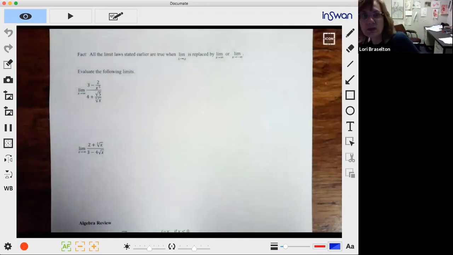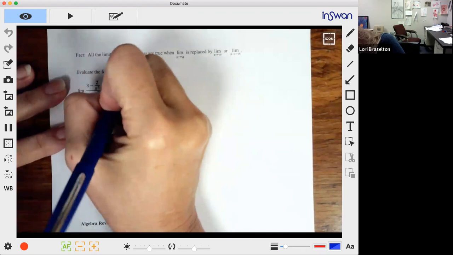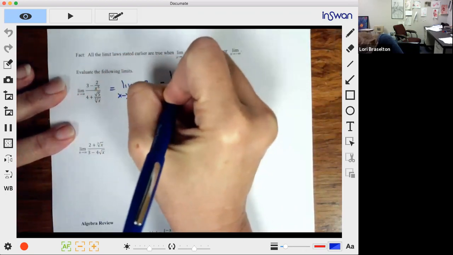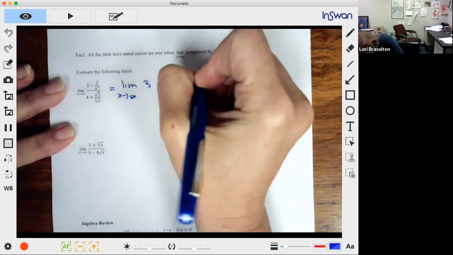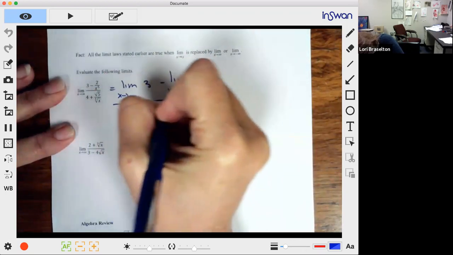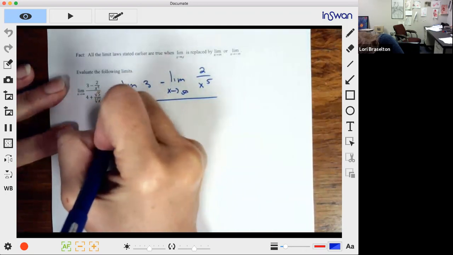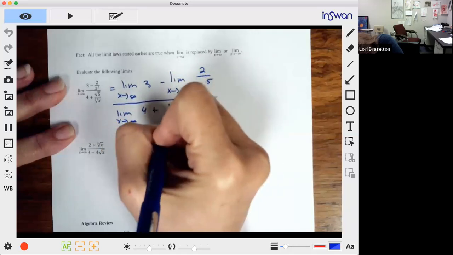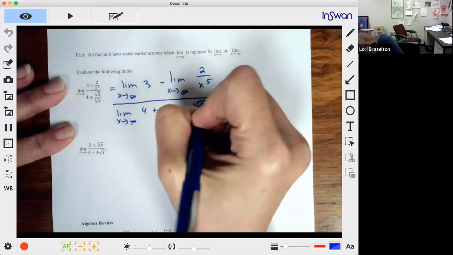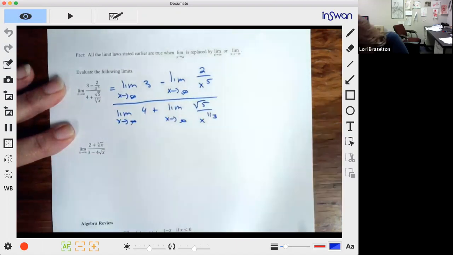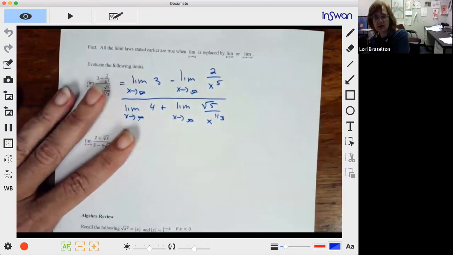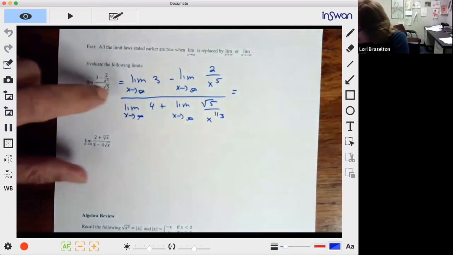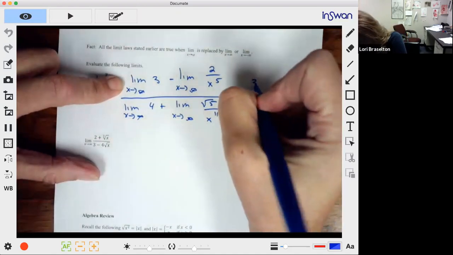So in this case, what I'm saying here is that I could break this down into 4 separate limits, and I'll write that cube root as x to the 1/3. Then everything we learned about limits before still true, meaning the limit of a constant still a constant.